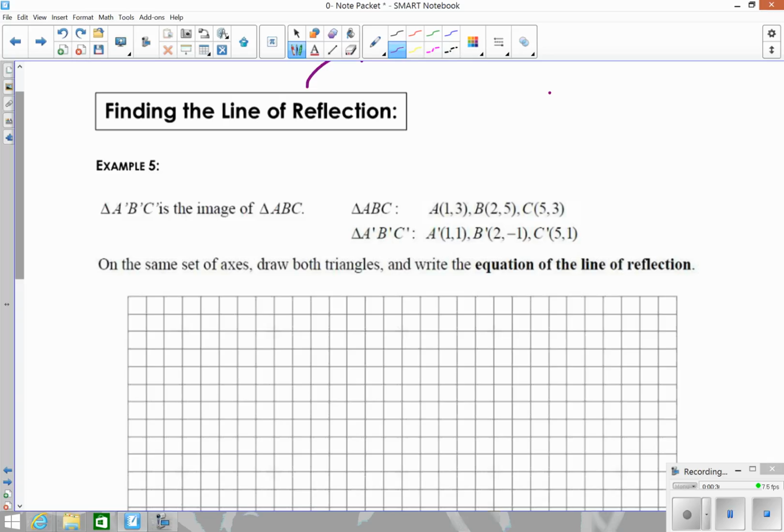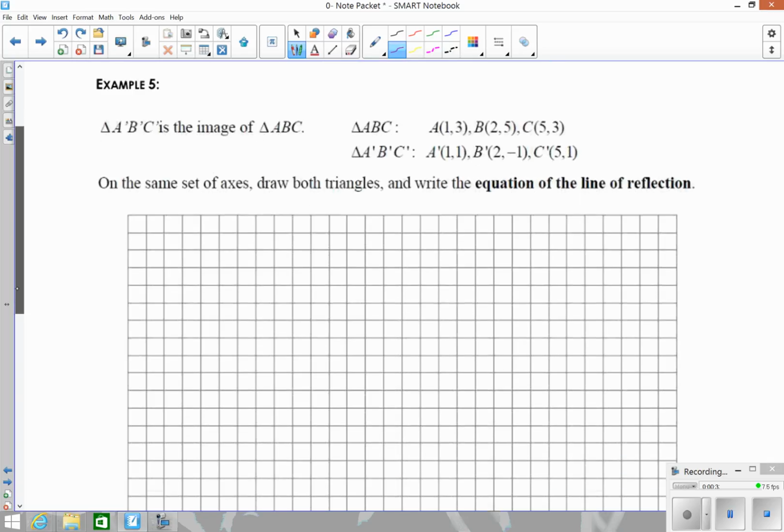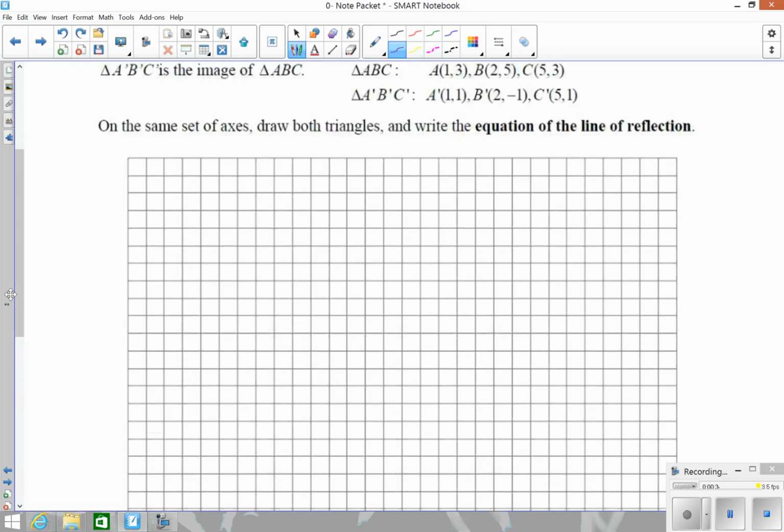So let's go ahead and graph this picture, and then we're going to be finding the line of reflection. I'm going to start with just drawing a set of axes so that I have a starting place.